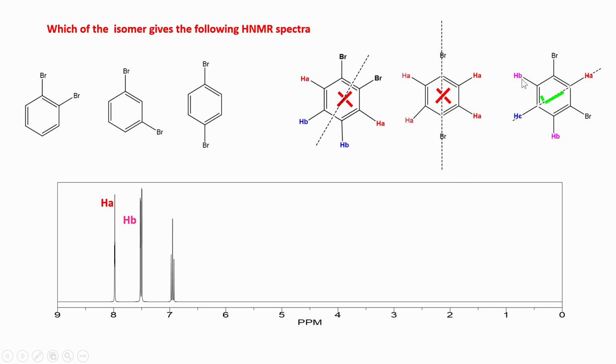And HC proton has two equivalent neighboring protons, thus HC proton gives a triplet, so it is the peak of HC proton, and hence the NMR peak is of 1,3-dibromobenzene. Okay, that is the method of how we can identify the structure of a molecule from the proton NMR spectrum.